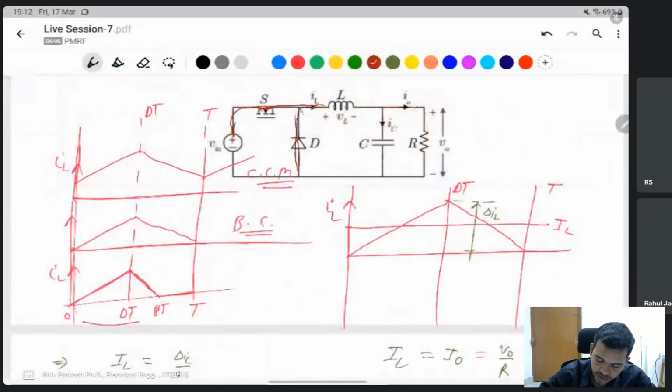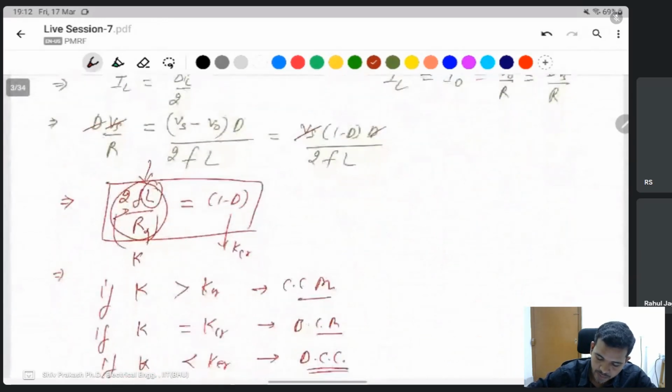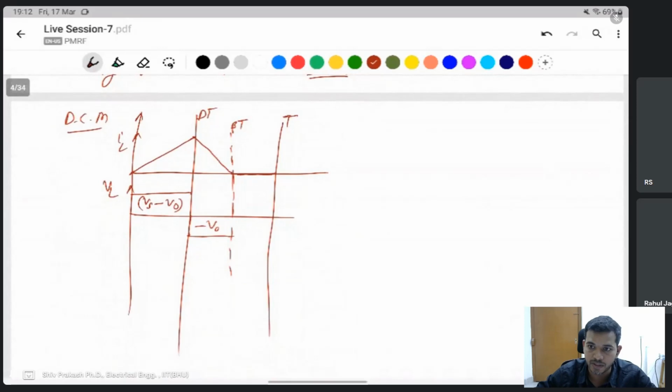The diode works during the off time, and this VL is the same as minus of the output voltage. And for the remaining time when the current is 0, the inductor voltage is also 0, no current flows and there is no voltage drop across the inductor.